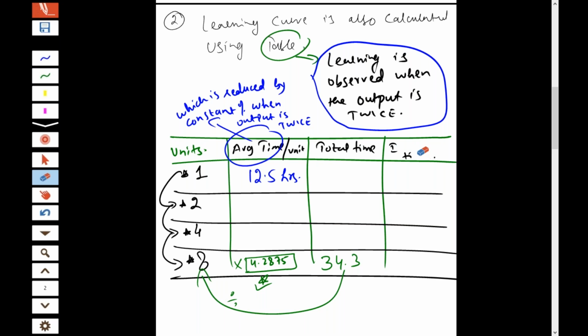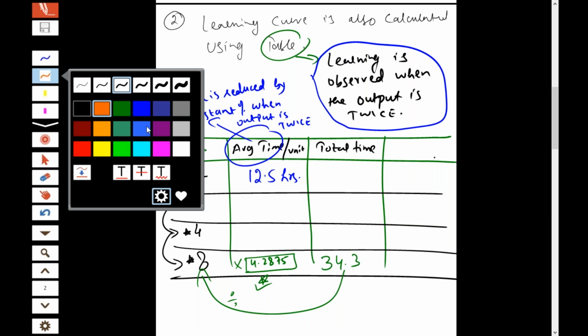Forget the last column. This is something you need to calculate as a reverse table. Units, that is average time per unit. When you make the table that way, the time is reduced by a constant rate when the output is twice. So how many times might the learning have been applied?